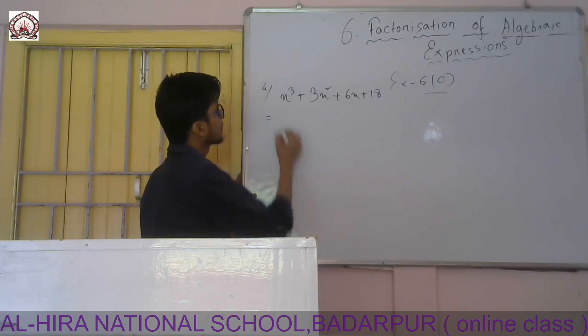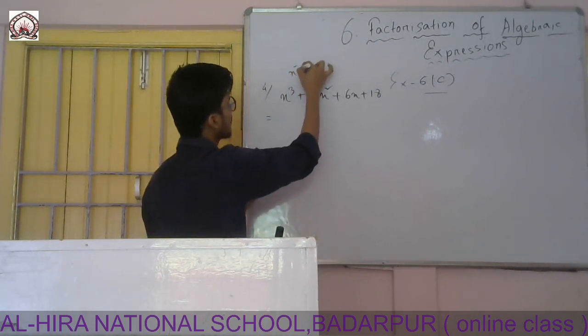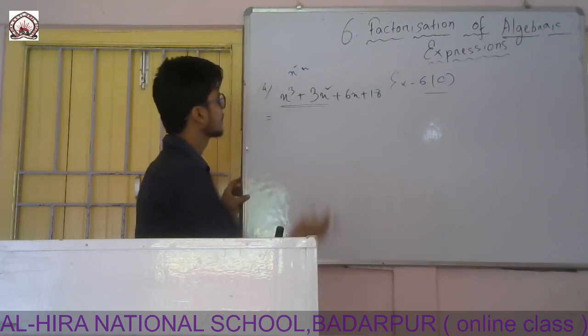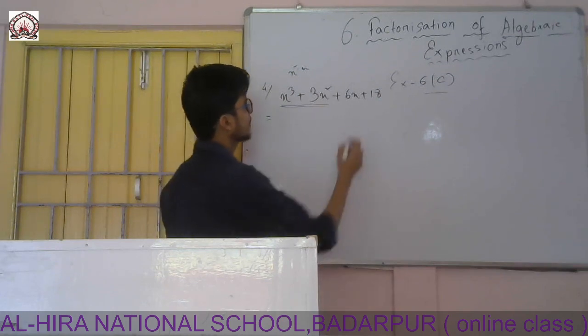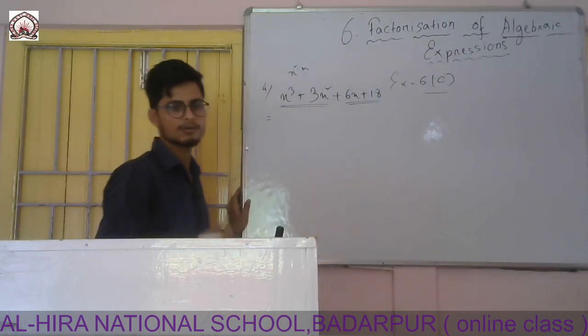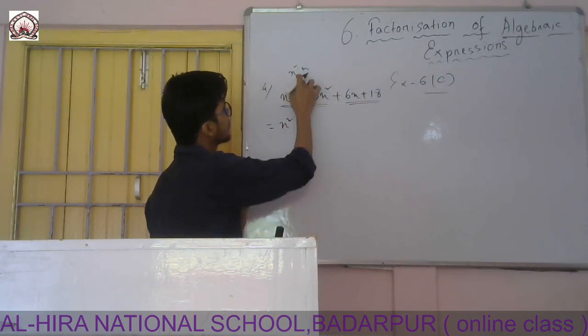So here x cube is equal to x square into x. First of all, these are already arranged, so no need of arranging. I can take out x square common, and 6 and 18, these both are multiples of 3. So I will write x square common.